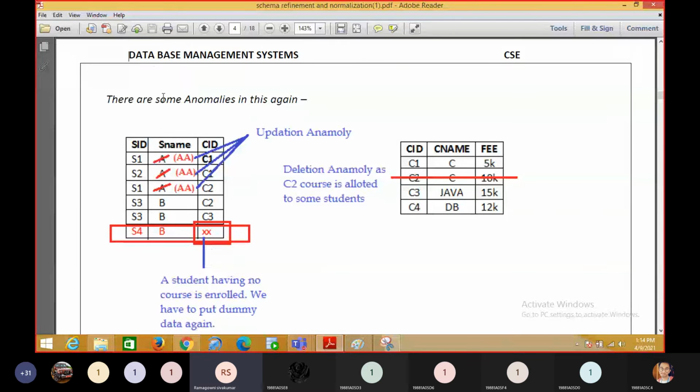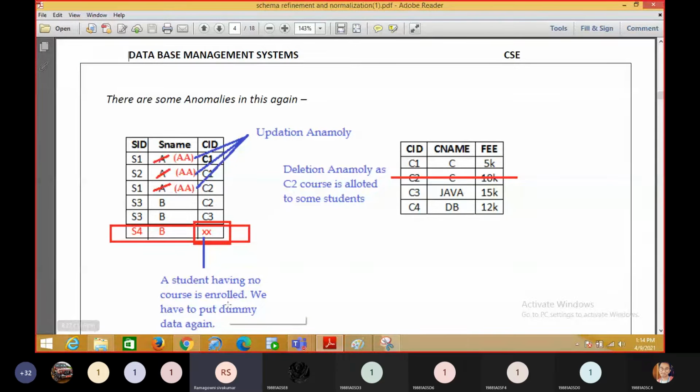Example: there are some anomalies in this again. Update anomaly and deletion anomaly. If you are trying to delete one row, it should affect all the other rows. If you are unable to do that process, that is update anomaly.